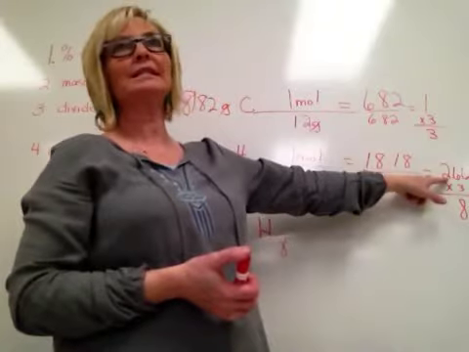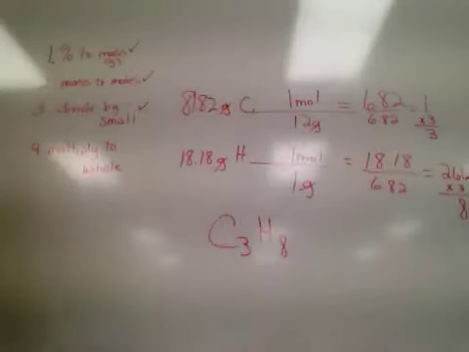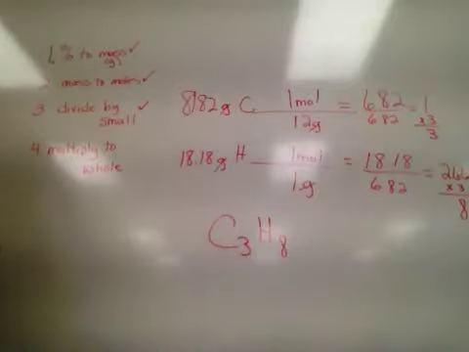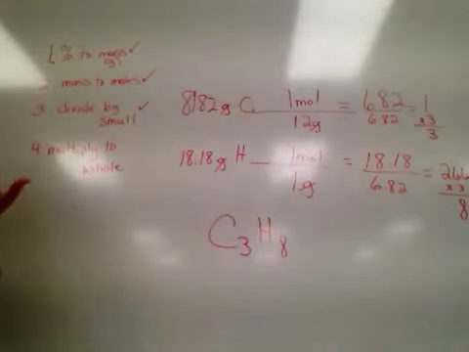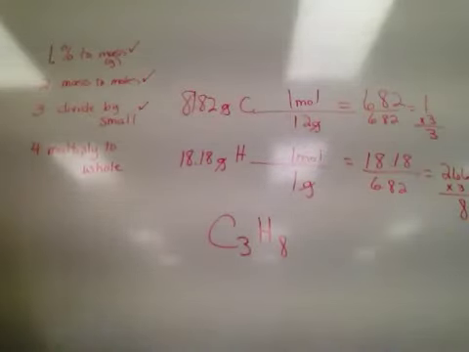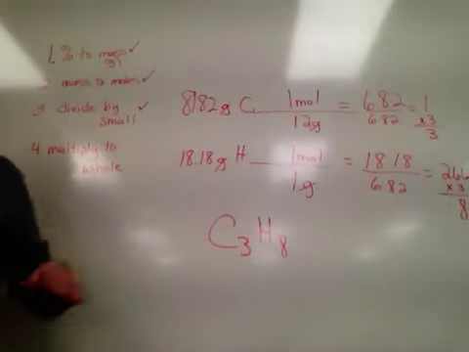So 2.66 is not a whole number. Kind of a key to go by, if you're going to have 0.33, 0.66, you multiply by 3. If you have 0.5, you multiply by 2. If you have 0.25, 0.75, you multiply by 4. So you need to get a whole number in your formula.